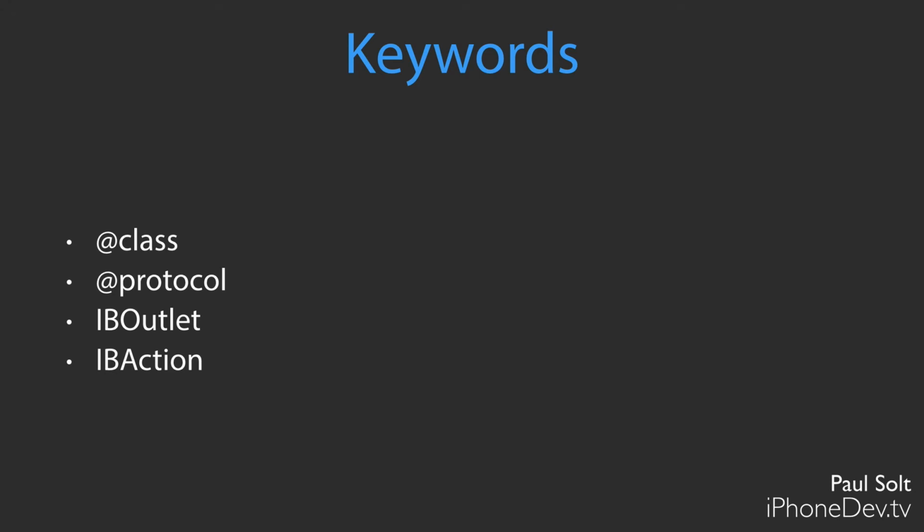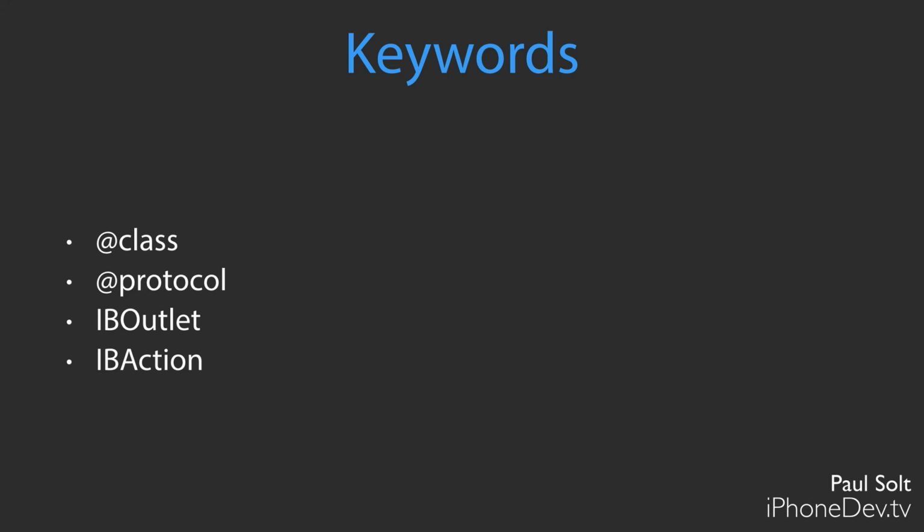And so this is one of the ways that we can connect code to UI, and then we can modify the UI from our code in the methods that we write. The IB action is used to link buttons and things that might trigger something to a chunk of code. So we can respond to a user pressing a button, or we can respond to a user sliding a slider or moving some content around the screen. The IB action allows us to get that event and then to do something with it.